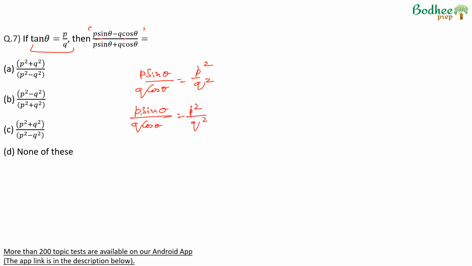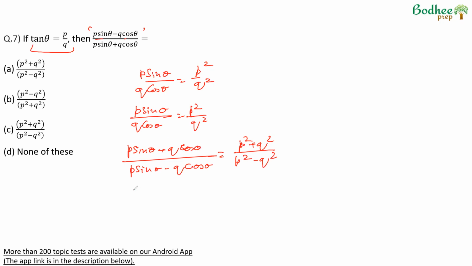Applying componendo and dividendo both, we get numerator plus denominator upon numerator minus denominator is equal to numerator plus denominator upon numerator minus denominator.